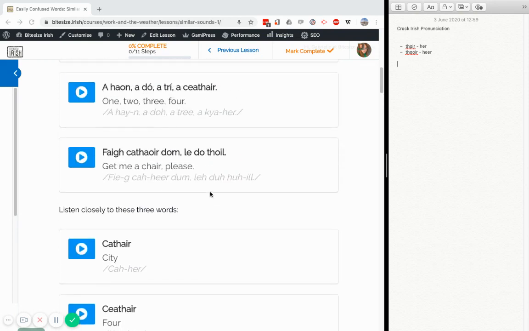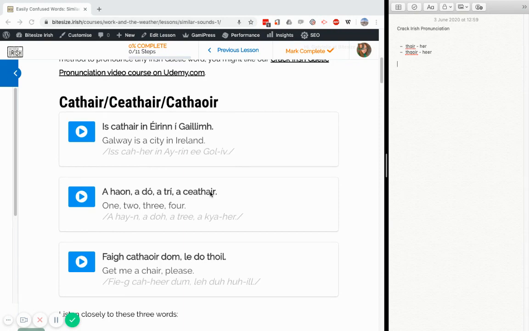Then we have some sentences that use the words, which put them more into context. Is Cathair in Galway? Galway is a city in Ireland.